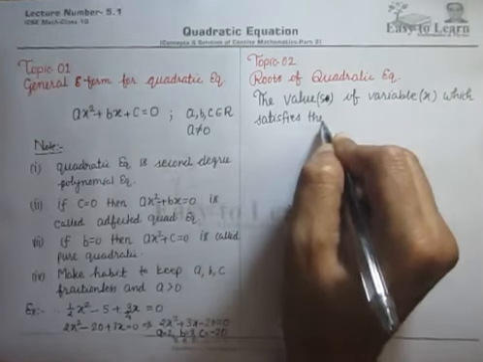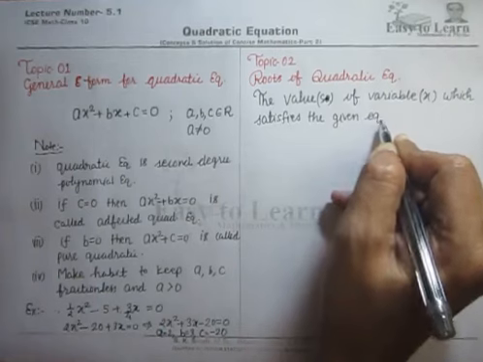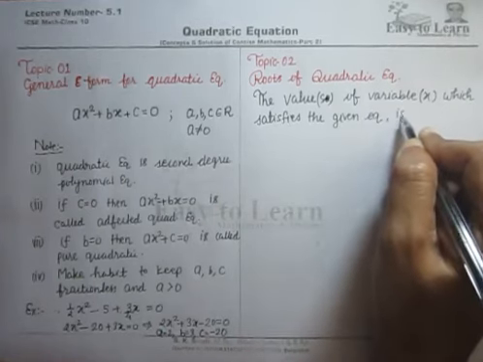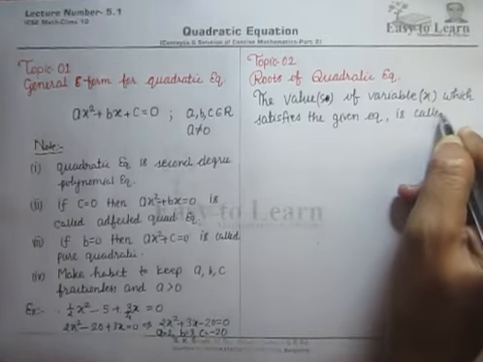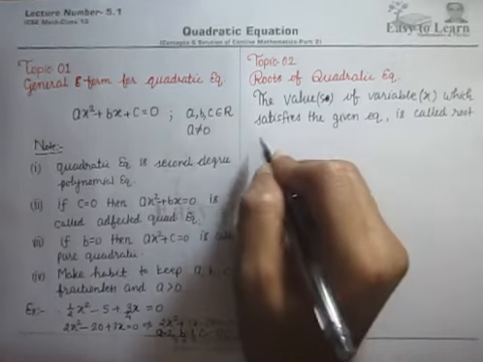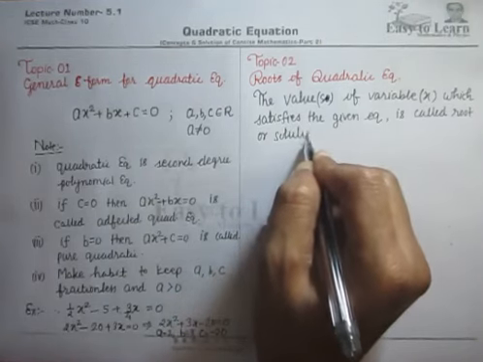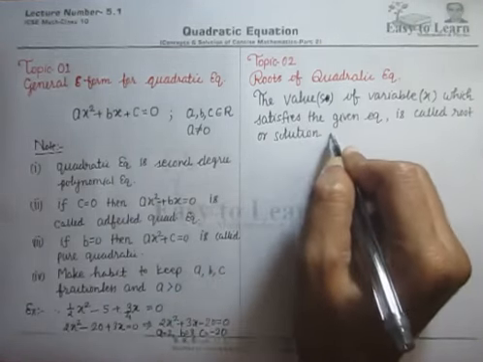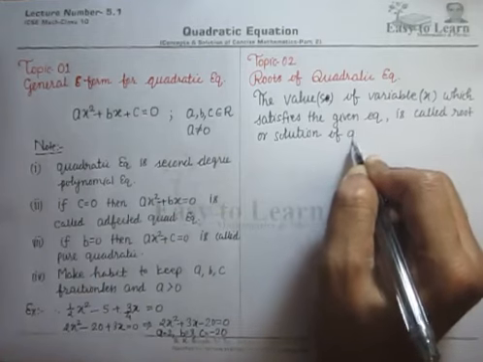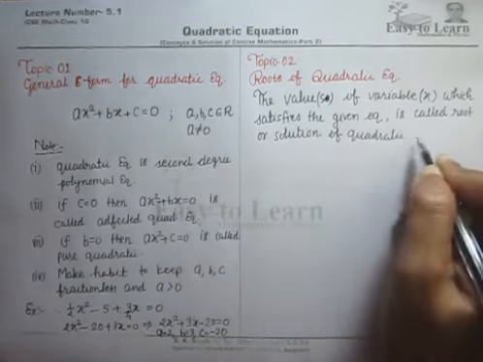So the value or values of the variable which satisfies the given equation is called a root, or simply a solution of a quadratic equation.